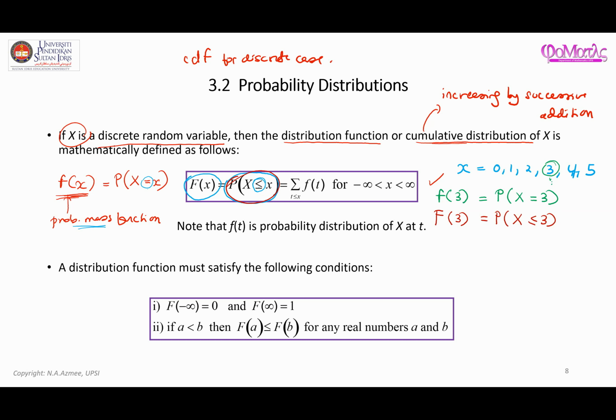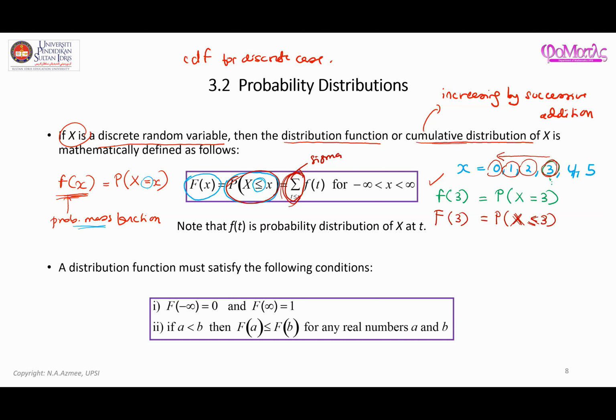In this case, you are going to add up. When we talk about adding up, we use this symbol, sigma, which denotes the process of adding things up. So we add the probability of observing 3, the probability of observing 2, and 1 and 0, because we're talking about x being less than or equal to 3.